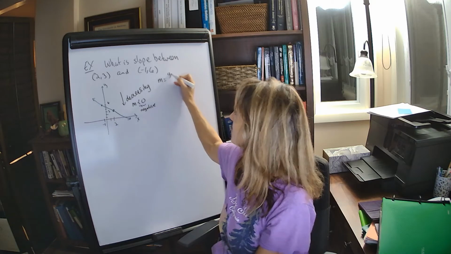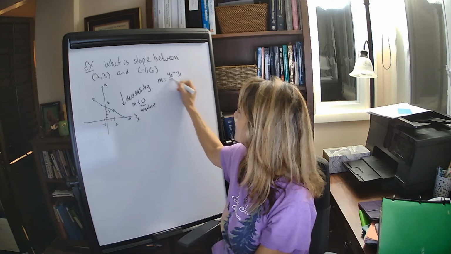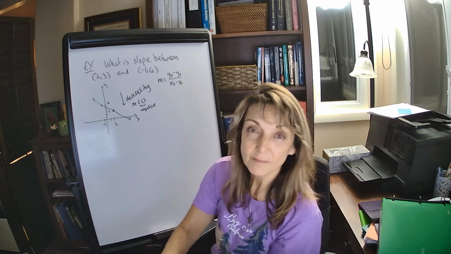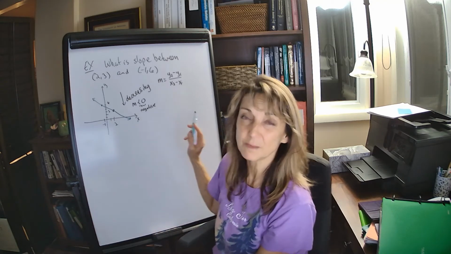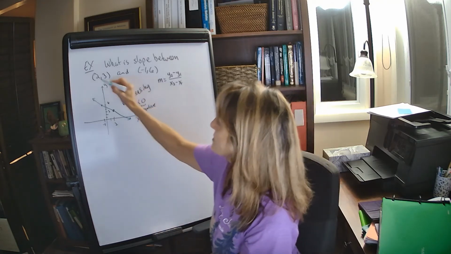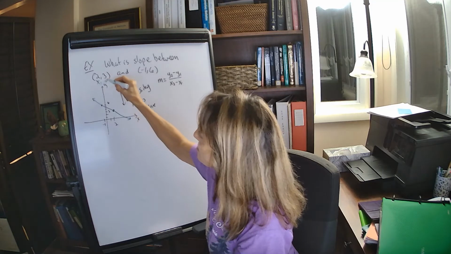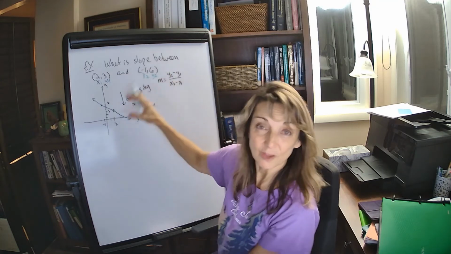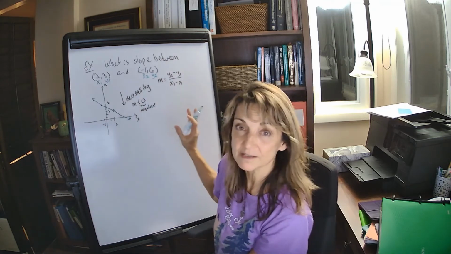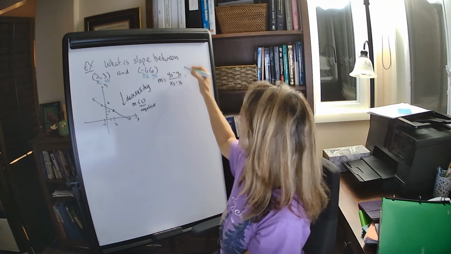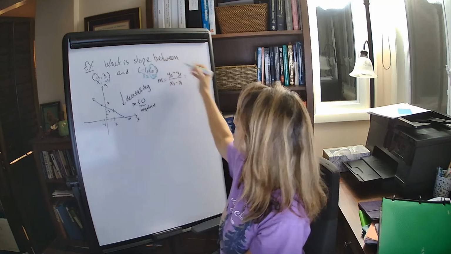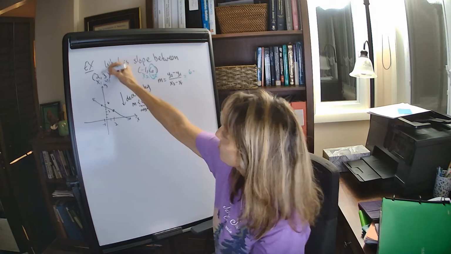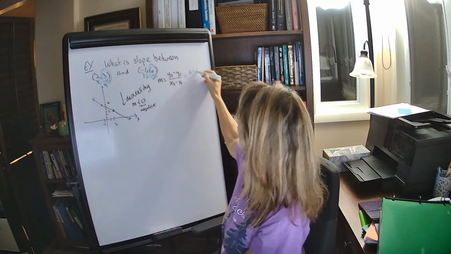So let's do the math on this. We saw that the slope is y2 minus y1 over x2 minus x1. What I recommend that you do, because I see people flip things around and get them messed up, is go ahead and label these points x1, y1, and x2, y2. Now it doesn't matter the order. You could do it the other way around, you'd still get the same answer. But we're going to get y2 is the 6, minus, you're going to go over to the other point and get the y from that point, minus the 3.